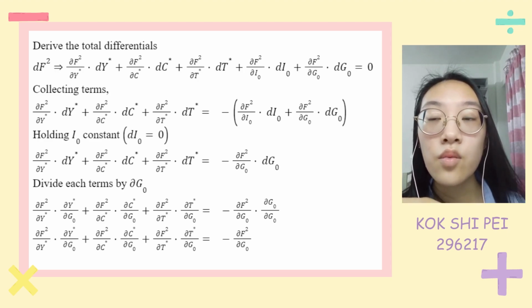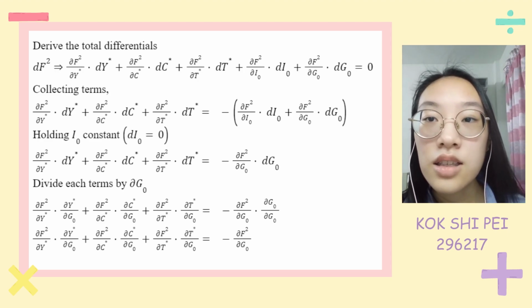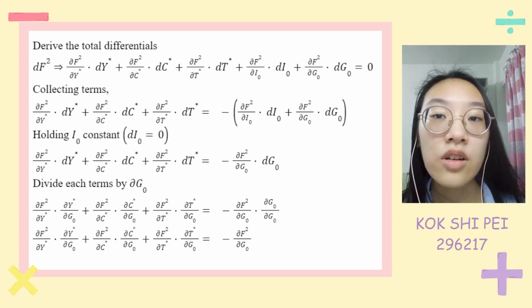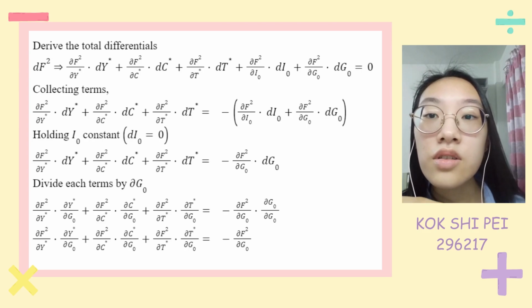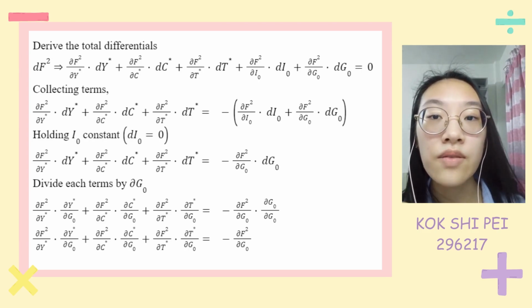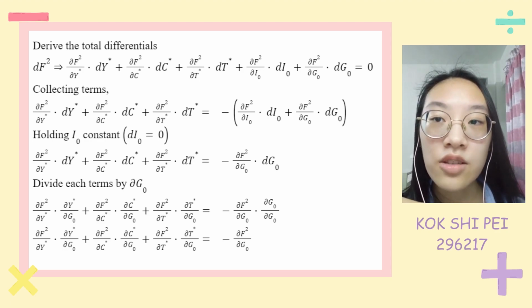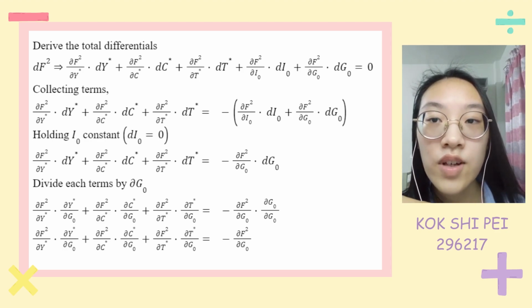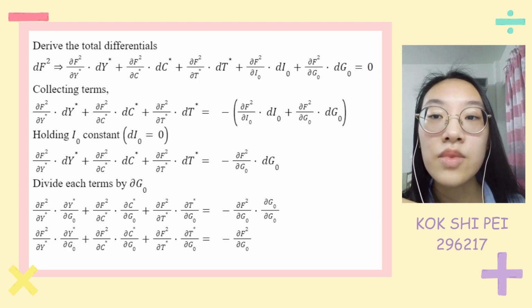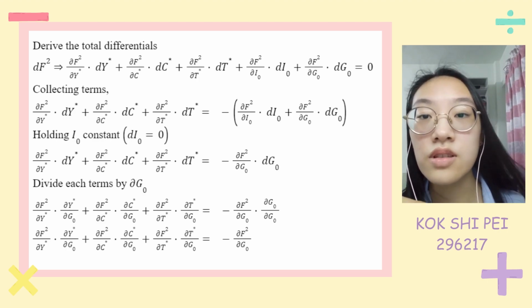And since y star, t and g0 are not directly dependent on g0, the equation simplifies to ∂f²/∂g0 + ∂f²/∂c times ∂c/∂g0 equals 0.